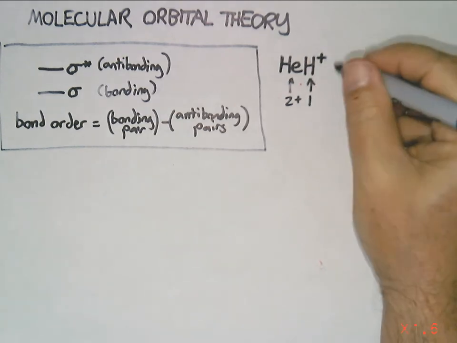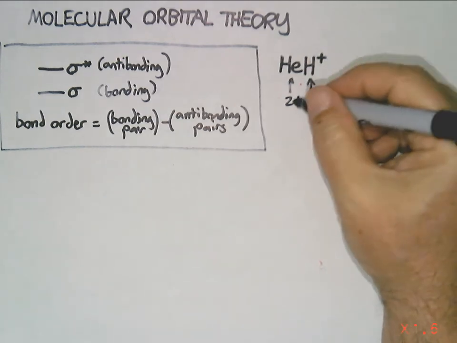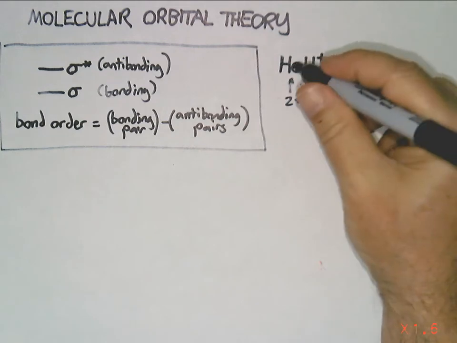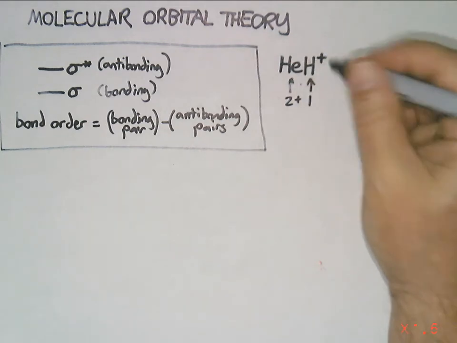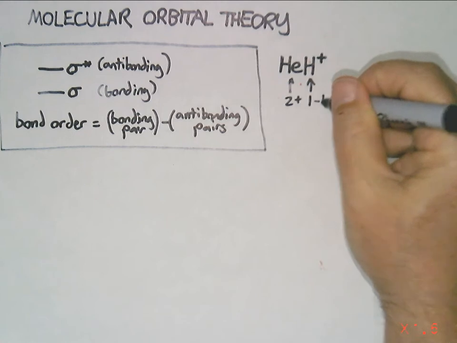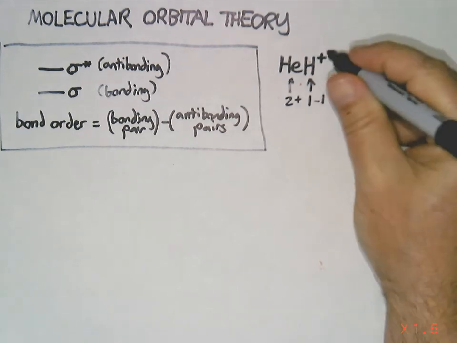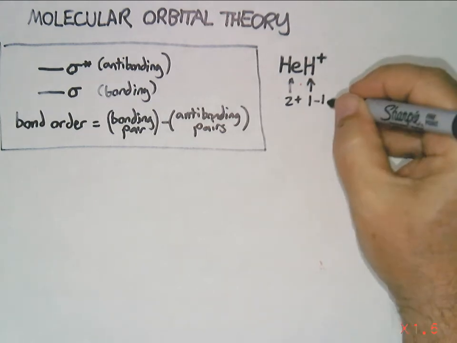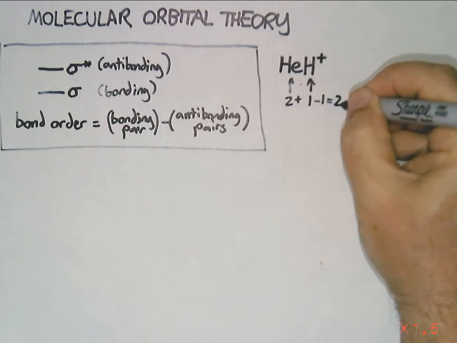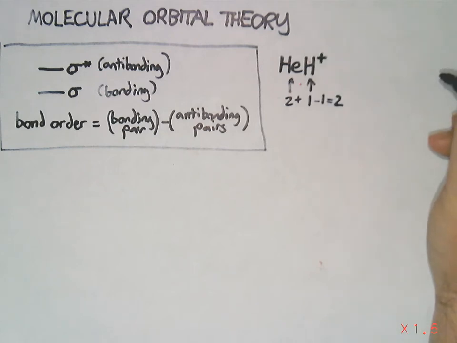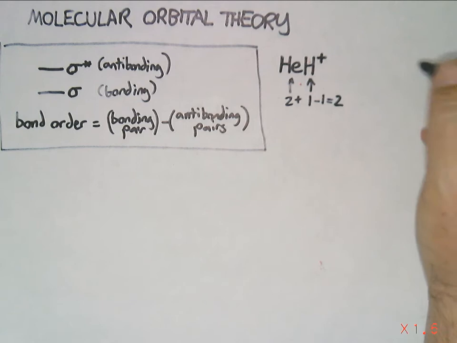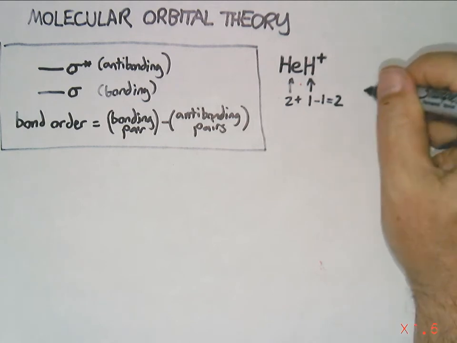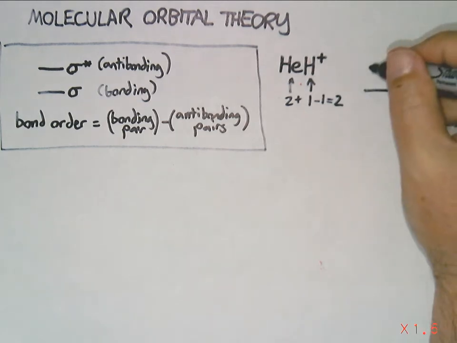But it's got a plus charge on it. So we would have 3 electrons just from helium and hydrogen, but then there's a plus 1 charge. That's going to take away an electron because there's a missing electron there. So I have 2 electrons. So let's do a molecular orbital diagram for HeH+.